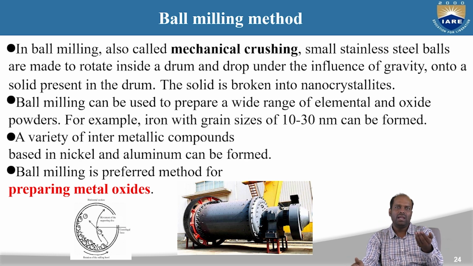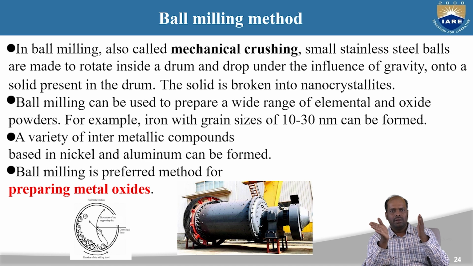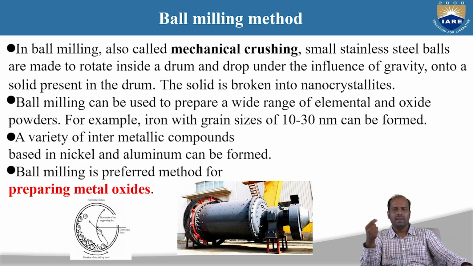So this ball milling is also like a girni, but instead of a girni, a cutting-machine type is used to make it smaller. Here, instead, we are using different types of balls. What size do we need?